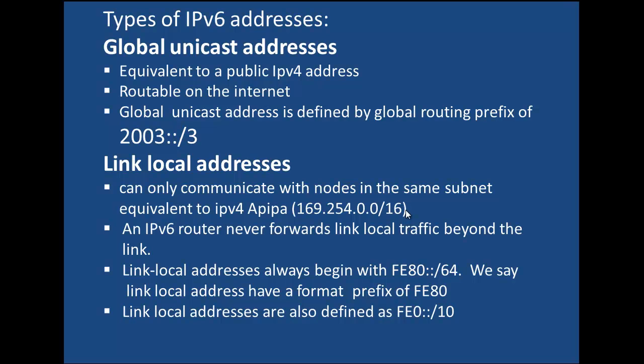You will see that address if your node is not connected to your domain. That means your DHCP server is not running, is not giving out an IP address. You will see that you have a 169 address. So you can only communicate on the local network with this type of address called the link local address. Your network packet never goes outside your local network.